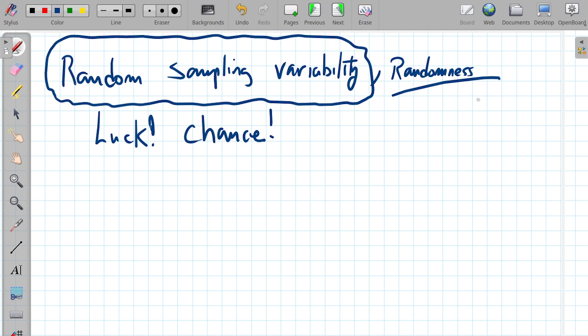We can't control randomness. Think about it. If you could control the randomness of some process, then it wouldn't be random anymore. There's a lot of different ways to talk about randomness. The general idea is it's unpredictable. So a couple of points about randomness, and if you think about it, and how they bear back onto the concept of chance.